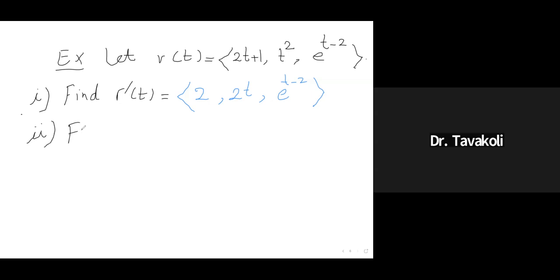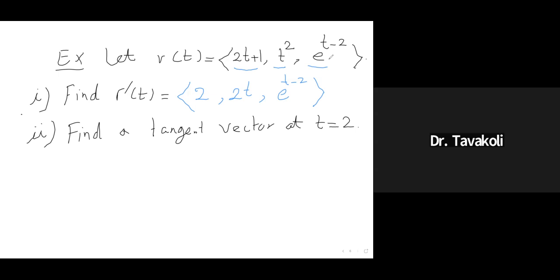So part 2, find a tangent vector at t equals 2. So when t is 2, the vector itself is 2 times 2 plus 1, 5, and then 4, e to the power of 2 minus 2, e to the power of 0, 1.